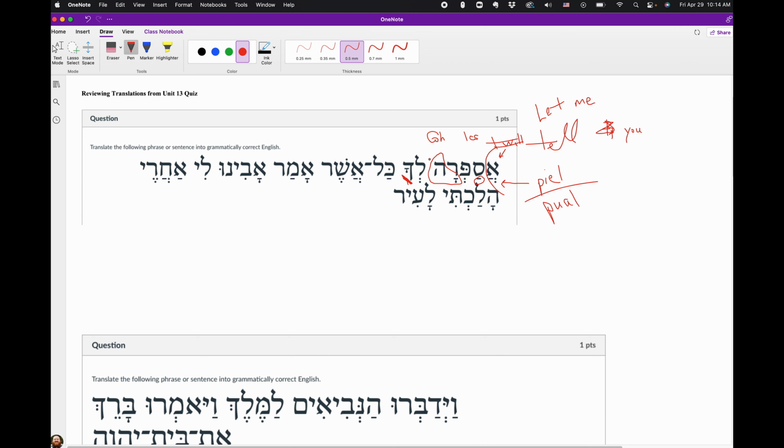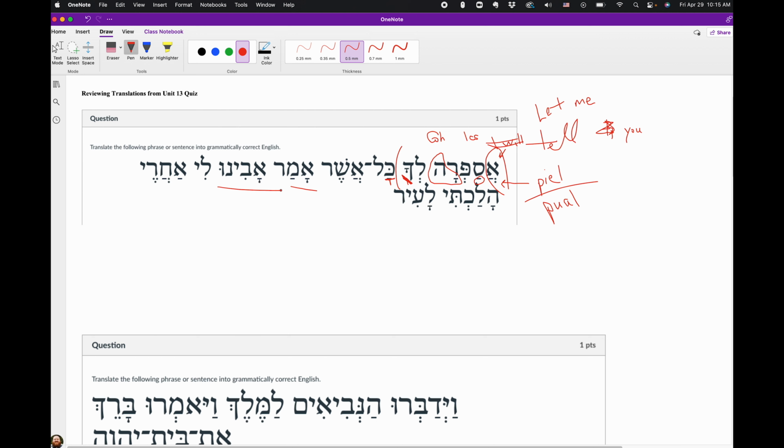So there we've got the first main clause here. Tell what? Well, this is our direct object, but it's not a definite direct object. And that's why we don't have the et particle. So here we have, and this should be a kametz chatuf rather than a patach there, kol asher, so all which or all that.